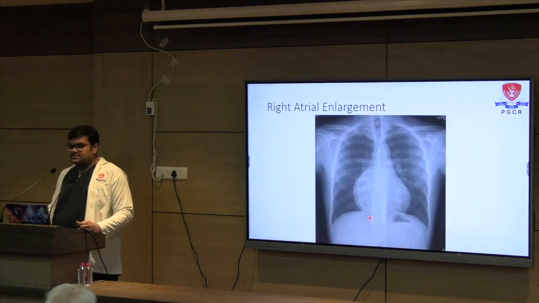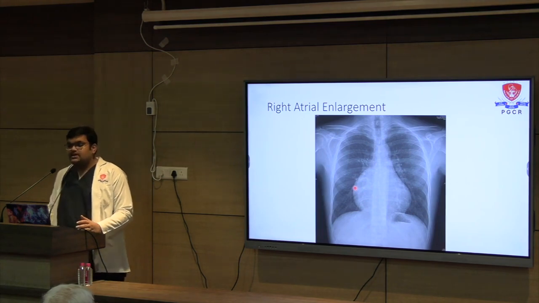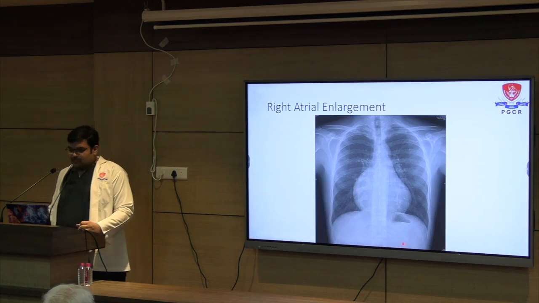Right atrial enlargement is typically assessed by the convexity of the right atrial border. It should be not more than 5.5 centimeters from the midline. If it crosses that, it is a case of right atrial enlargement.